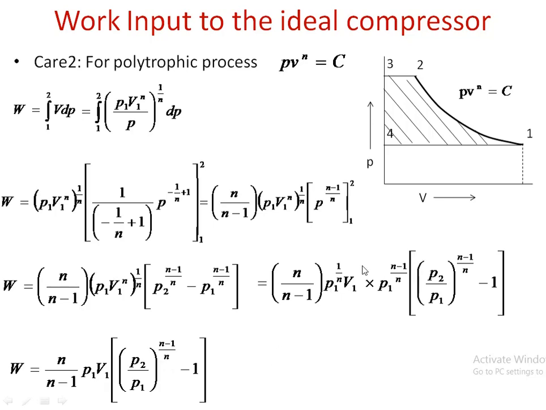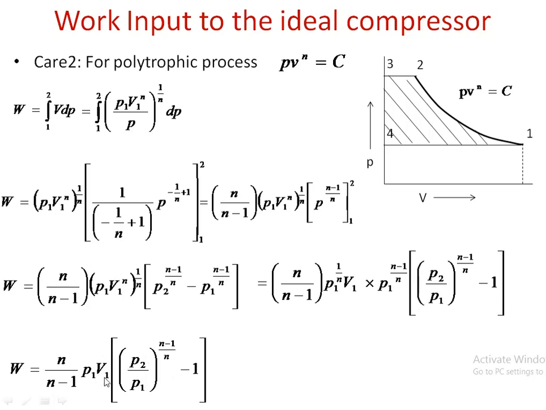So here P2 by P1: P1 is the inlet pressure, P2 is the exit pressure of the compressor. This exit pressure to inlet pressure ratio is known as the pressure ratio of the compressor, designated with the symbol Rp, or we can just simply write it as P2 by P1.